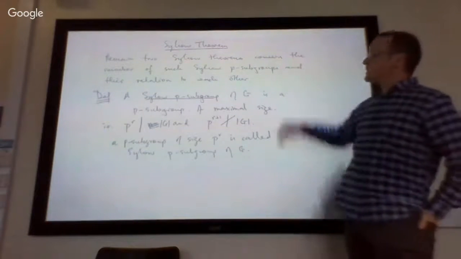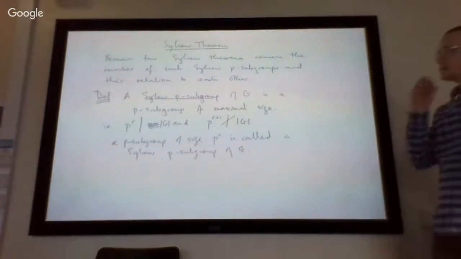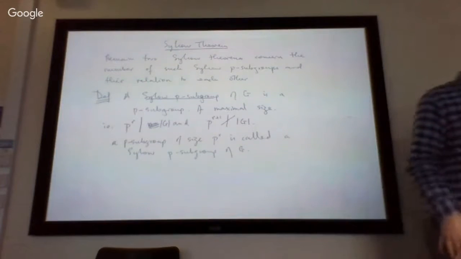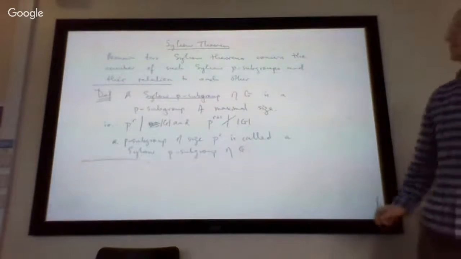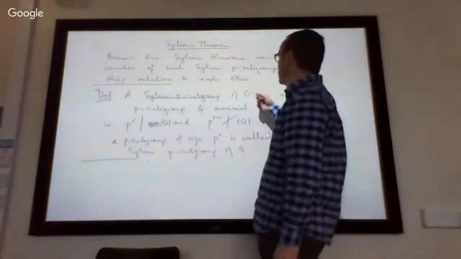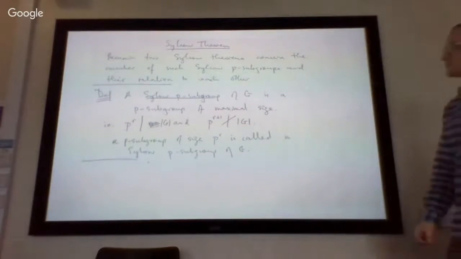So the two remaining Sylow theorems go some way to completely describing the system of Sylow P subgroups. For any prime P dividing the size of G, G might contain a few different Sylow P subgroups.